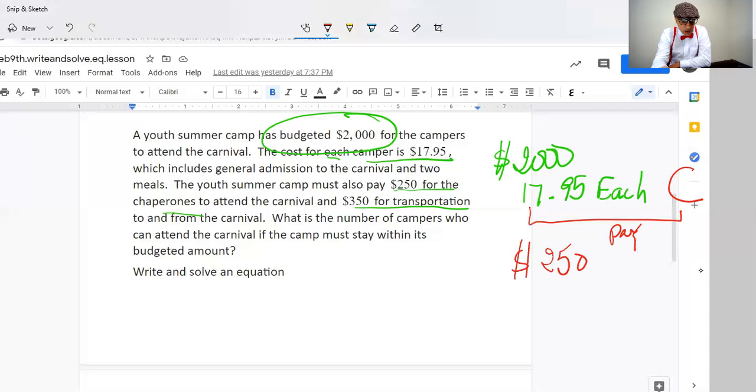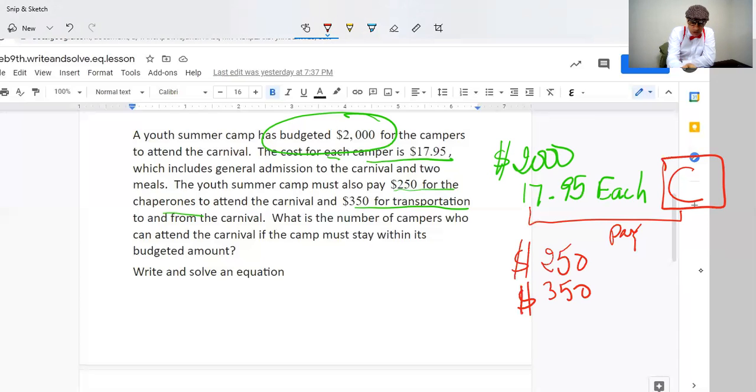So $250 for the chaperones and $350 for the bus, the yellow bus, whatever transportation they're using to go on the trip, okay? So we're gonna write an equation, solve it to see how many campers can go on the trip if they have $2,000 to spend.